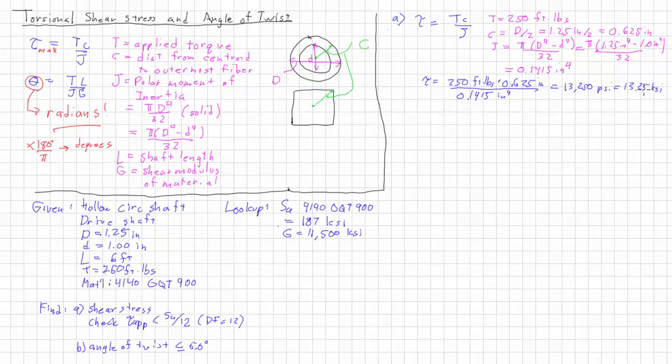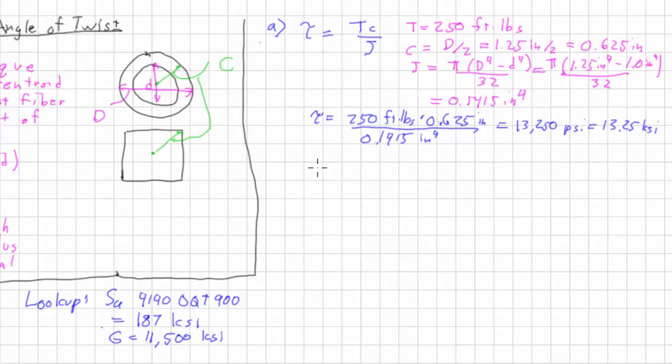So after all that, we've got 13.25 ksi. Now we want to compare it to the ultimate strength divided by 12. For that we get 187 ksi over 12 is 15.6 ksi.